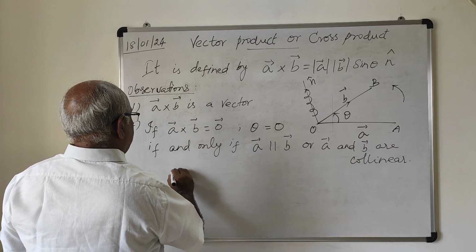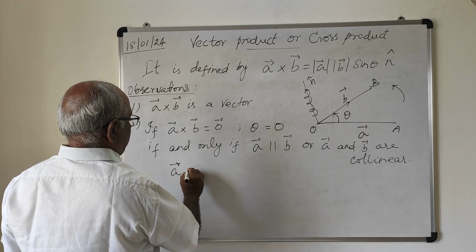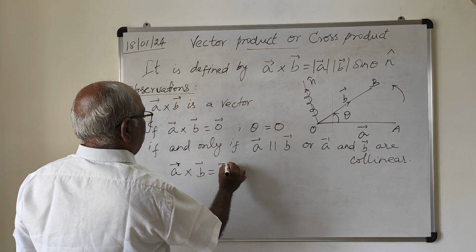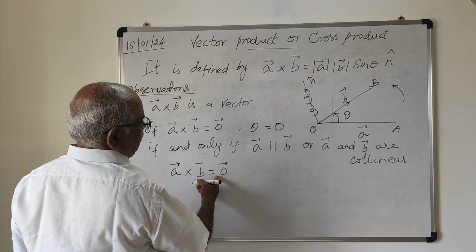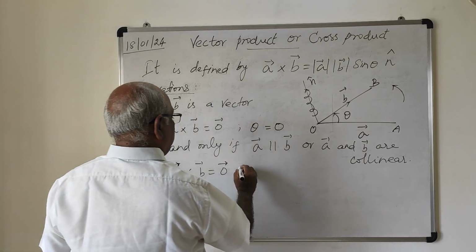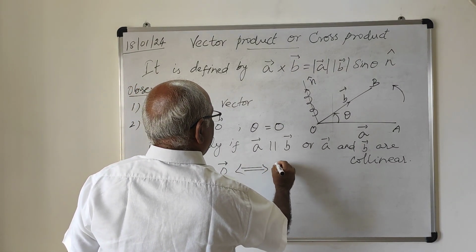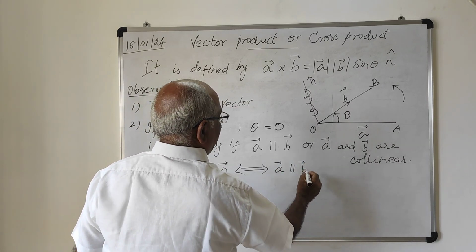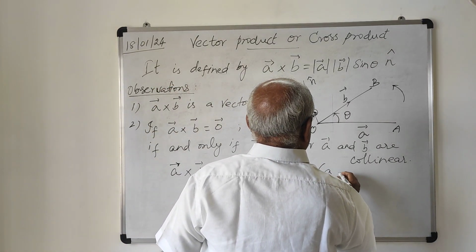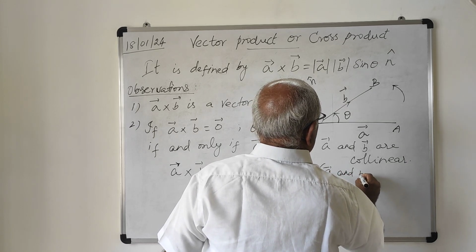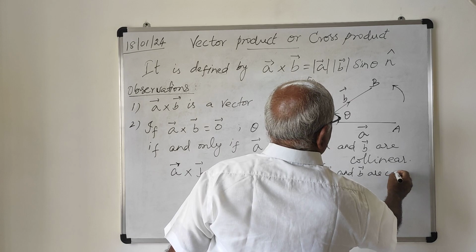So it can be expressed as: A cross B equals 0 vector, it is a vector quantity, that's why I am writing 0 vector, if and only if A is parallel to B or A and B are collinear.